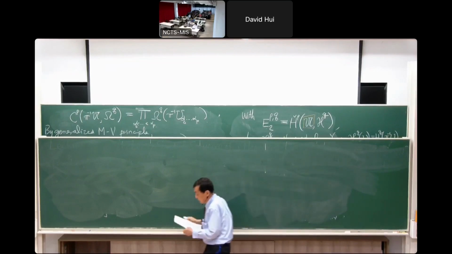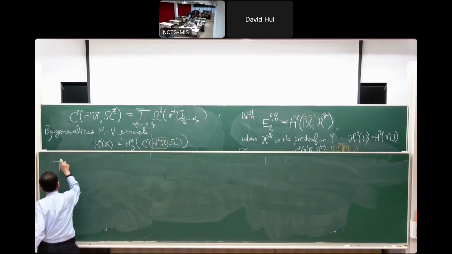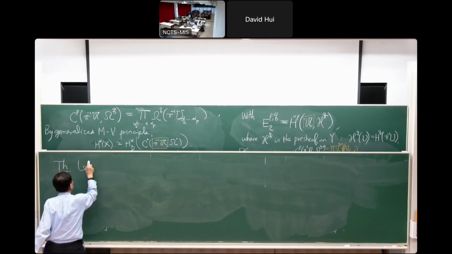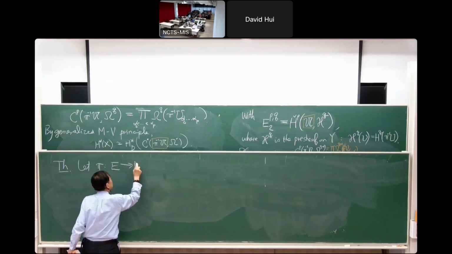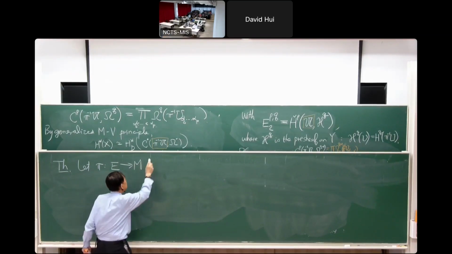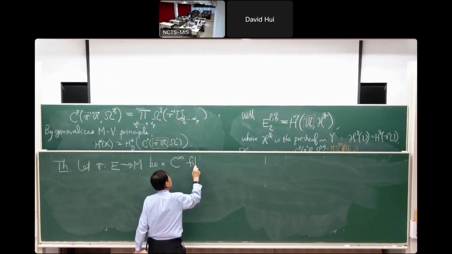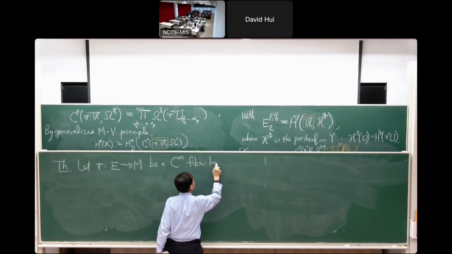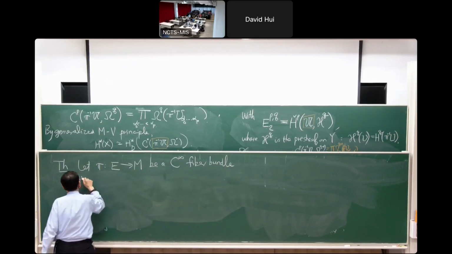So let pi going from E to M be a C infinity fiber bundle with fiber F.